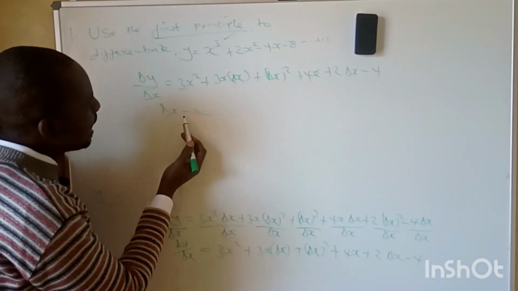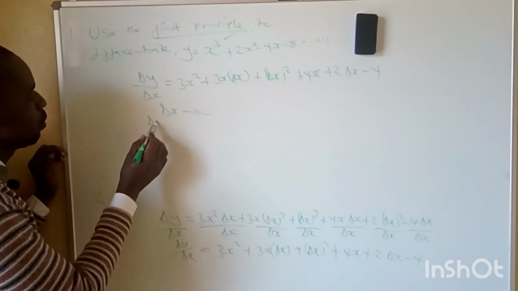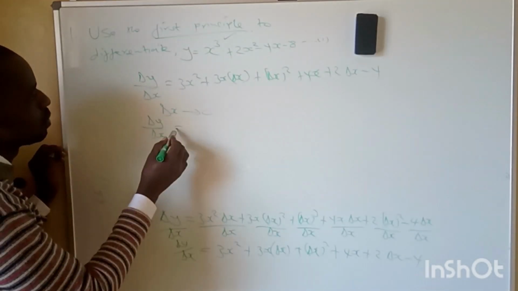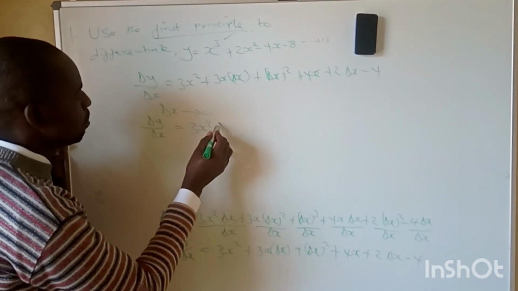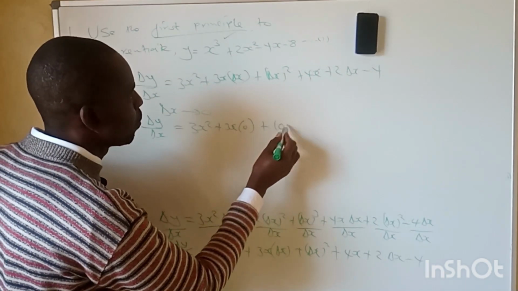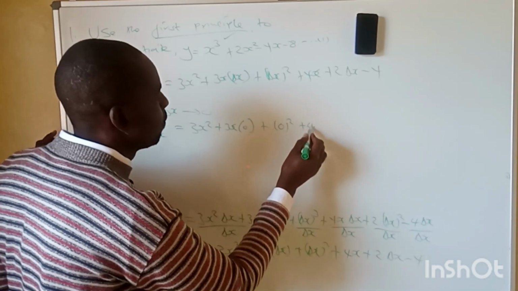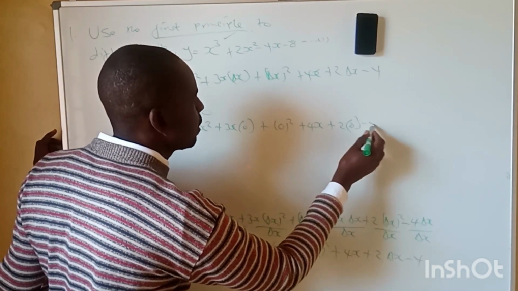Where there is dx in this equation, put 0. So we have dy over dx is going to be 3x squared plus 3x times 0 plus 0 squared plus 4x plus 2 times 0 minus 4.